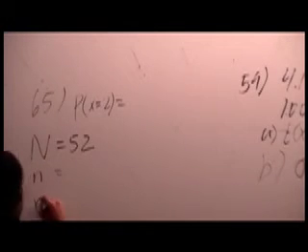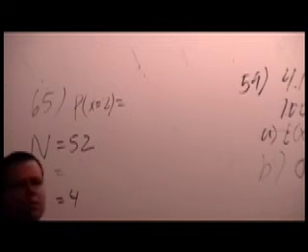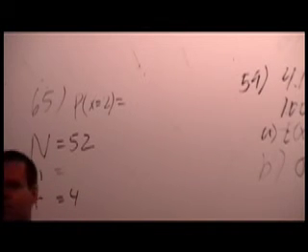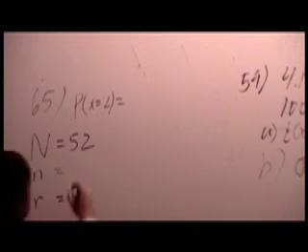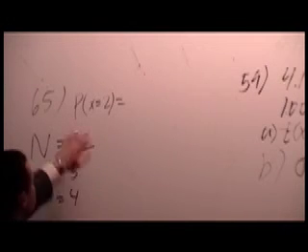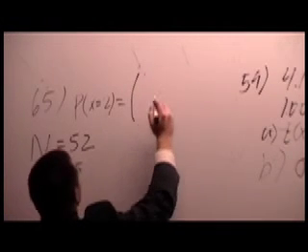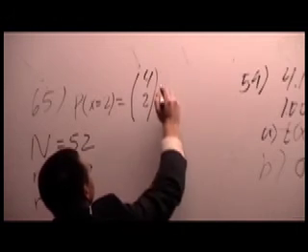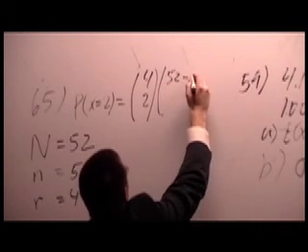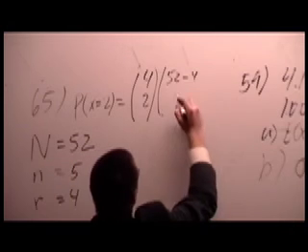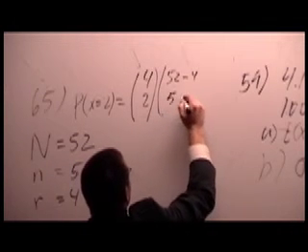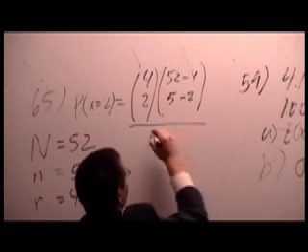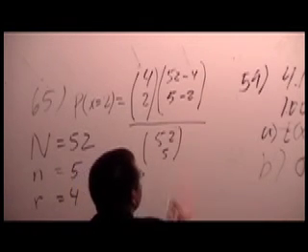Little n is the number that we'll pick, 5. And if we're interested in 2, then that's x. So applying the formulas, we have 4 choose 2, times 52 minus 4, the number of non-aces, choose 5 minus 2, divided by 52 choose 5.